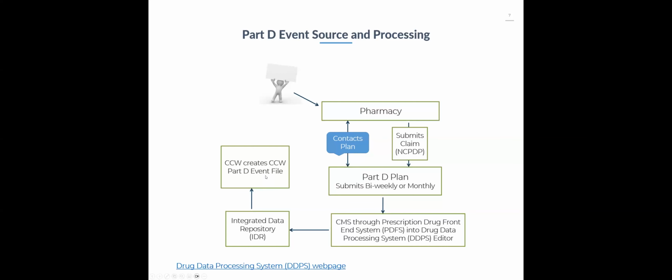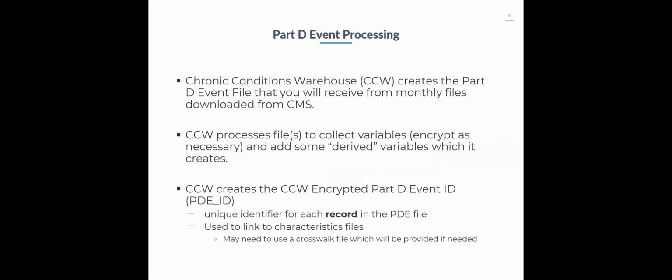CCW, that other CMS contractor, the Chronic Conditions Warehouse, creates the Part D event file based on the information in the IDR. Then they do processing that needs to be done for researchers, making sure that the identifiers are right, that when you request it, you have the correct Benny ID, all of that.